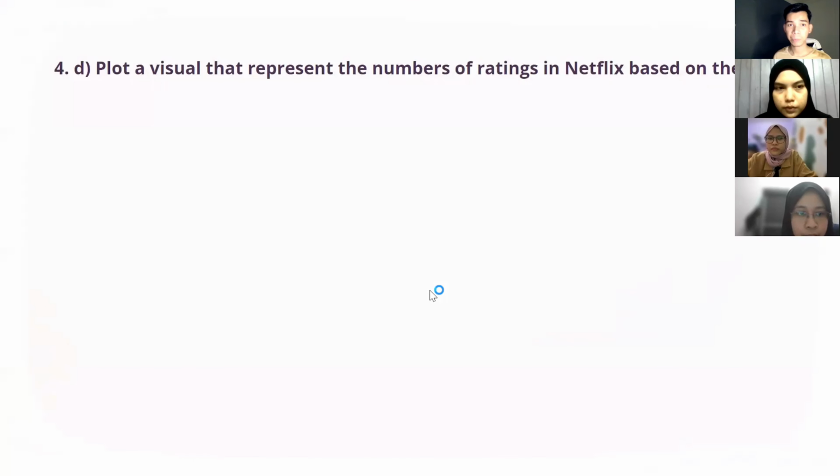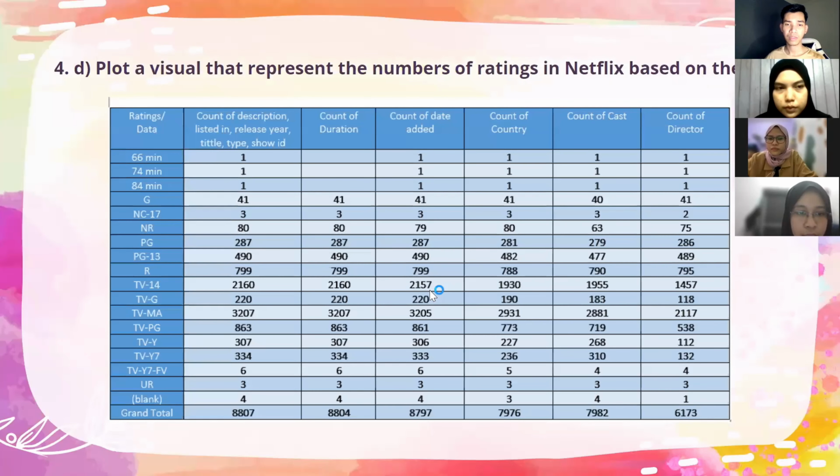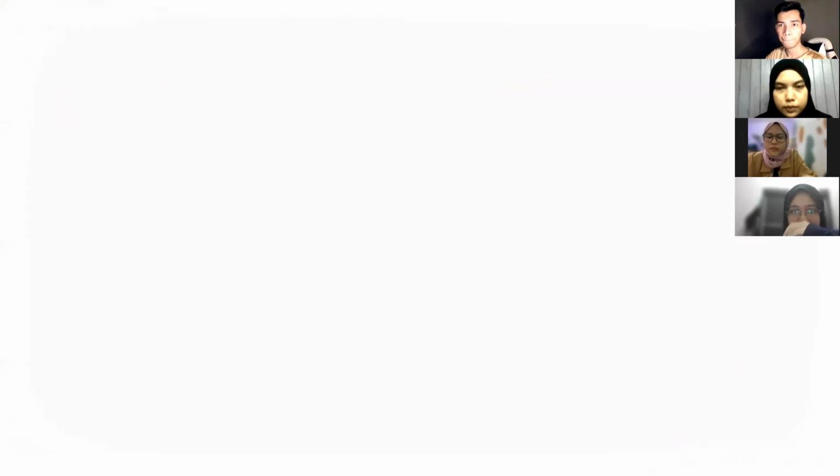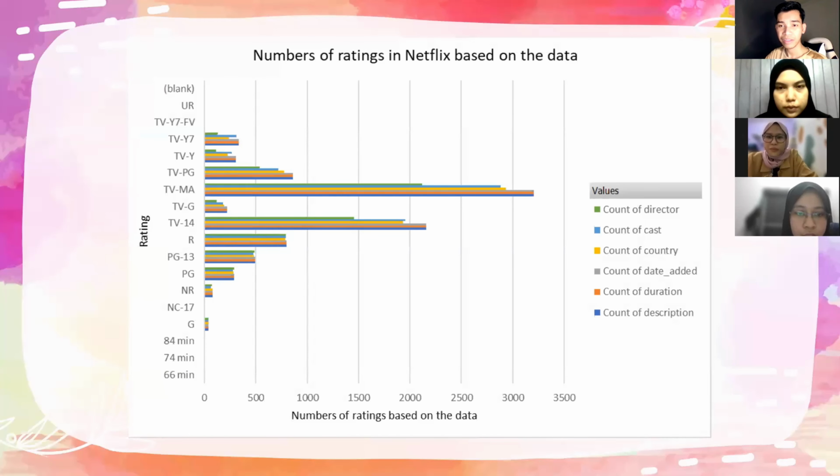Next, we're going to look at the number of ratings in Netflix based on the data shown in the slide. This data is represented in a bar chart. From this visual, we can observe that the number of ratings based on count of description, listed in, release year, title, type, and show ID are the same, which is 8807, while the number of ratings based on count of duration is 8804.